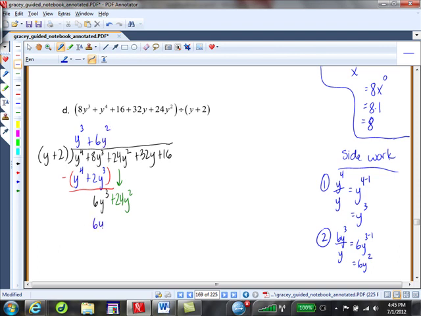That yields a result of 6y cubed plus 12y squared, and we'll be subtracting that binomial. We get a result of the 6y cubed zeroing out, and 24y squared minus 12y squared is positive 12y squared. And then we'll need to bring down a positive 32y.